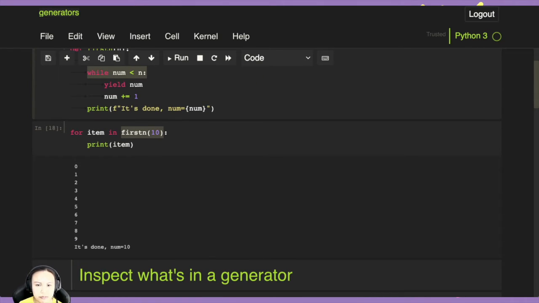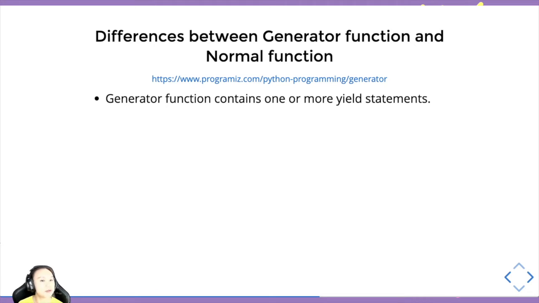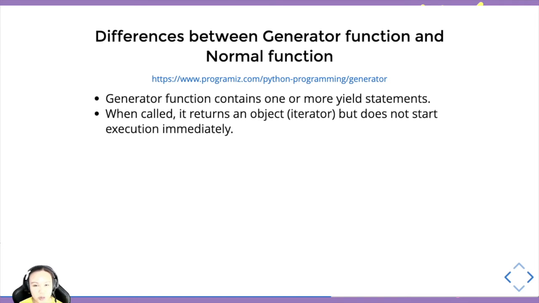So you can have one or more, but if you don't have a yield, that is just a normal function, not a generator function. That's the only difference when you're writing it. Of course, internally it is very different.